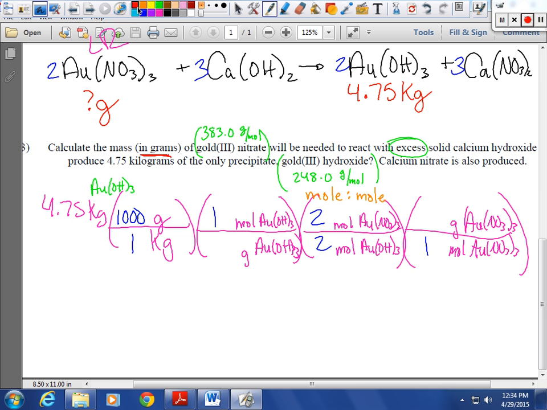So the mass of gold-3 hydroxide is 248.0, and gold-3 nitrate is 383.0. So 4.75 times 1,000 times 383, all divided by what? 248, and that's it, right?